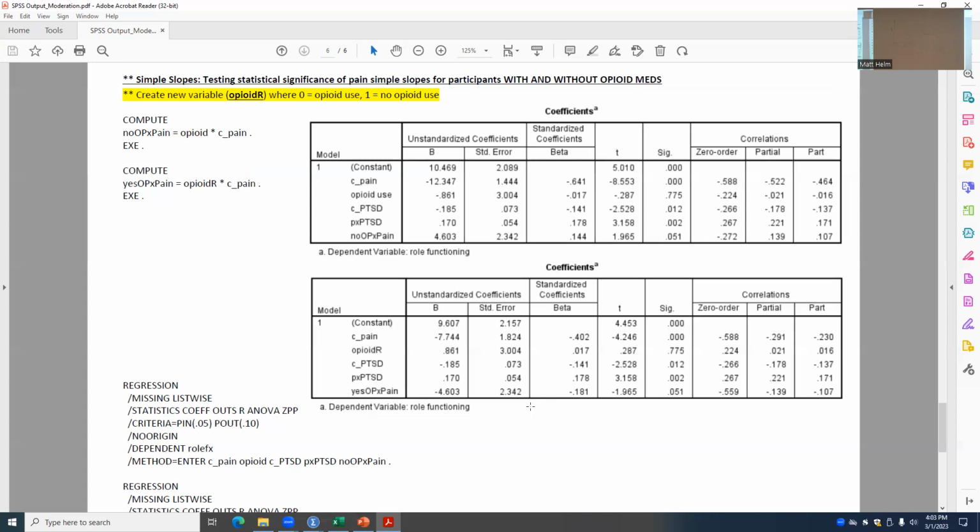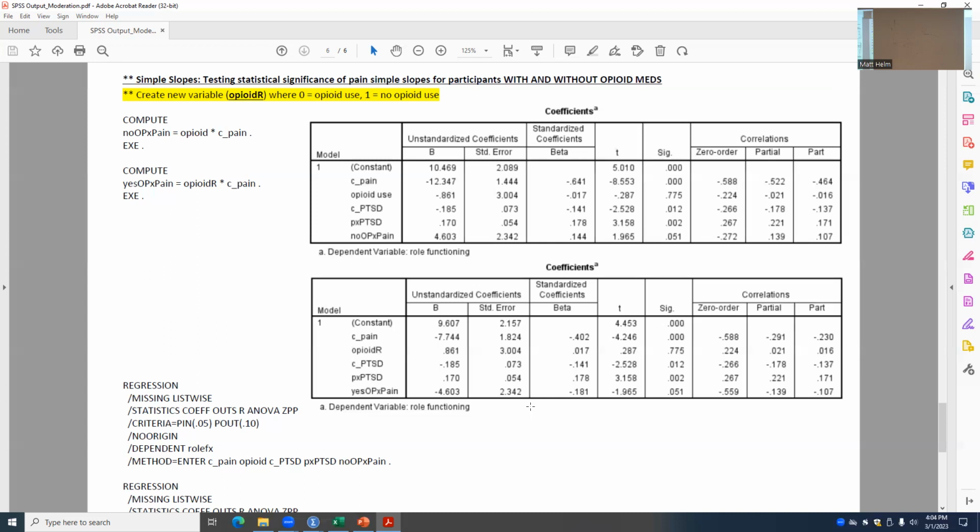Again, this is the unique effect of pain on role functioning, holding everything else constant at 0. But this time, Mesa, everything else held constant at 0 corresponds to who? So in the second model, we're looking at the unique effect of pain on role functioning when everything else is held constant at 0. But for opiate R, who does that 0 score correspond to?